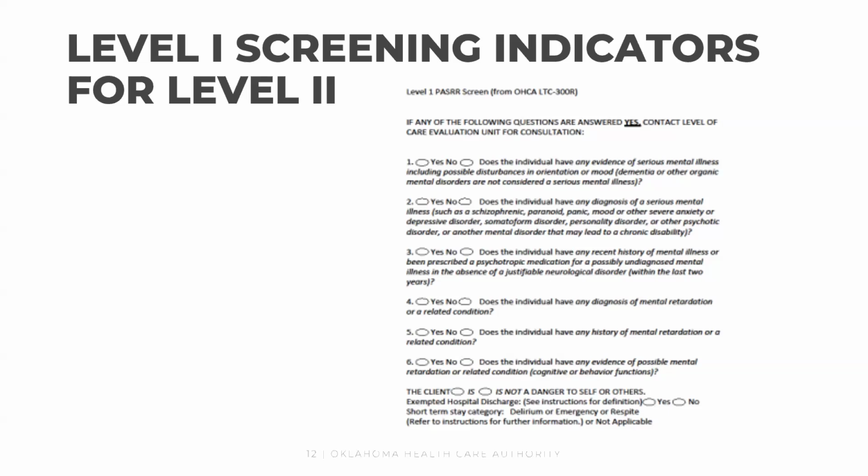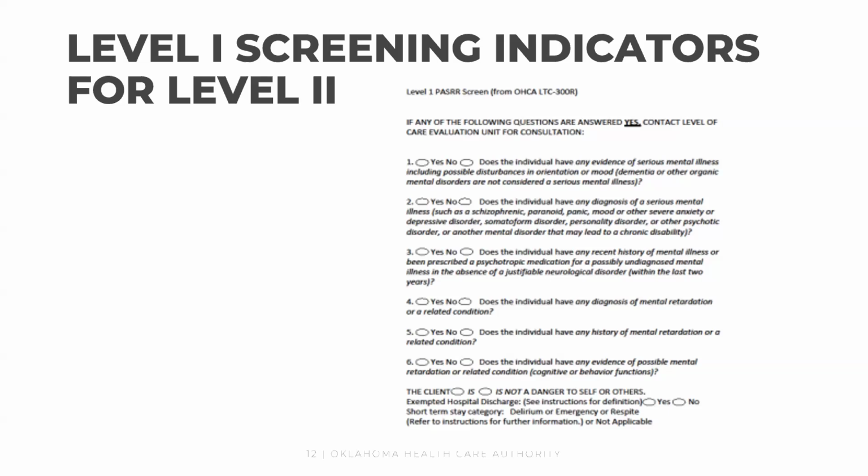And it really is wonderful as a reminder that these are the 6 questions I want to ask myself prior to admission so that we don't admit somebody and then later discover that we should have been more thorough on these 6 questions. So that's just an idea that a lot of my providers have done. It seems to help them a lot. So you may want to look into that.